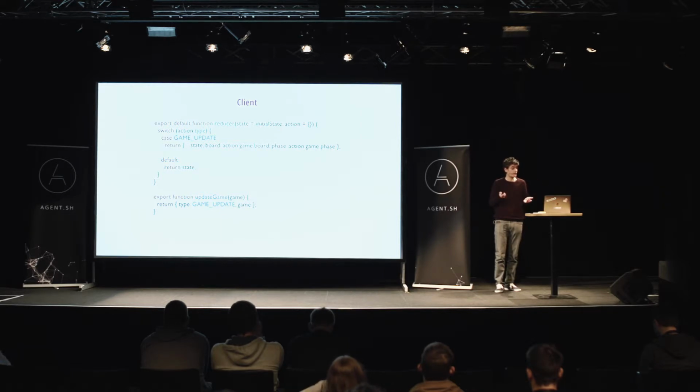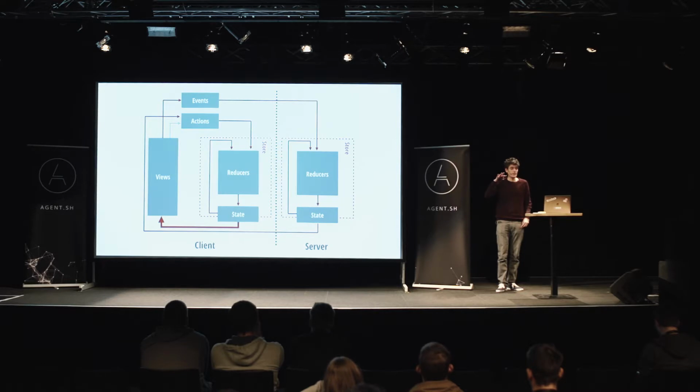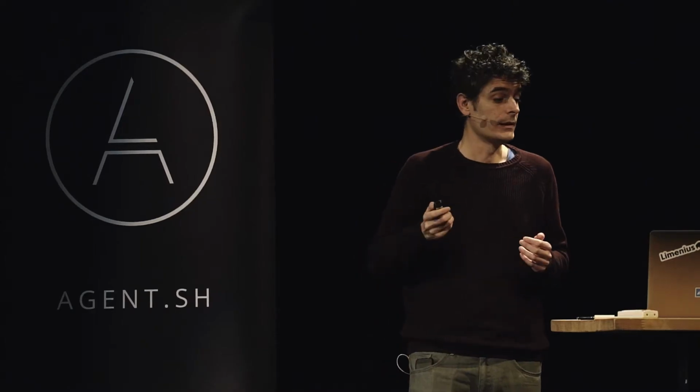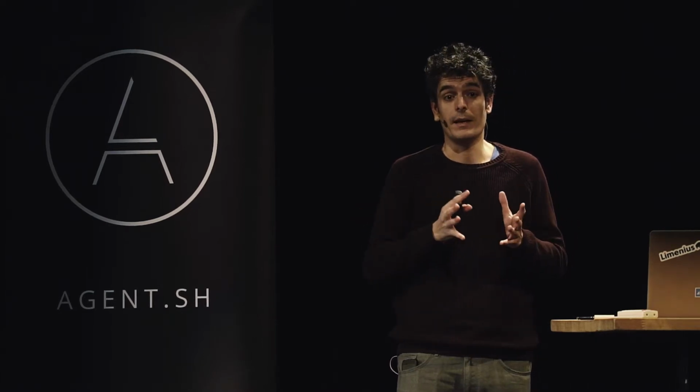Update game is the action creator, and then you have the reducer. Then there is one arrow left: we need the views to be connected to this store to reflect the changes. We do this in React with connect, to connect these slices of the state with our views. And with this, that will be it.